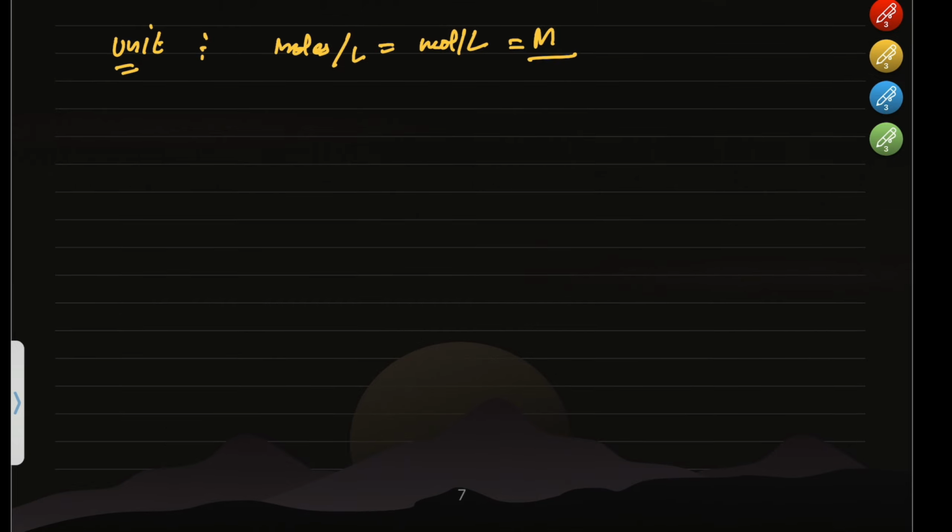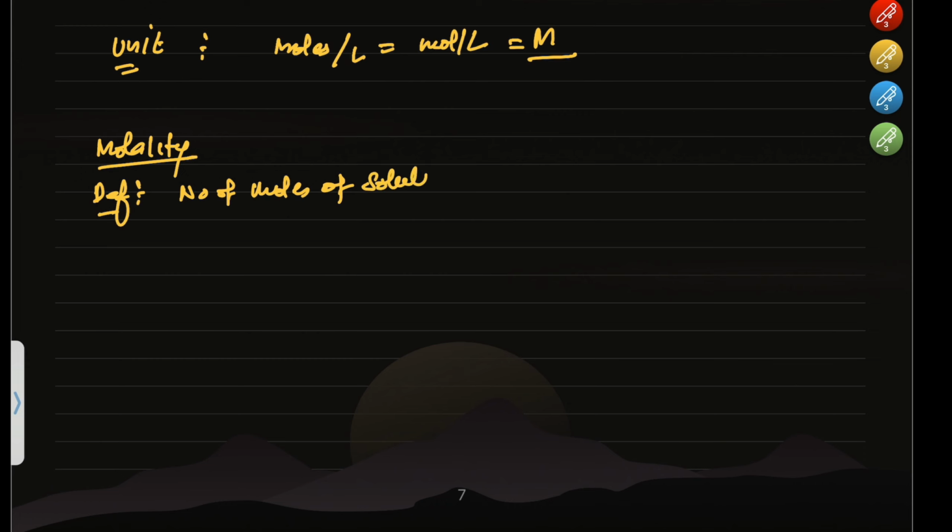Next term is molality. Molality definition: number of moles of solute per kg weight of solvent.